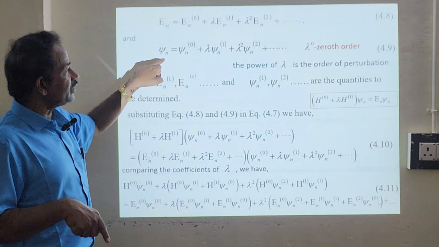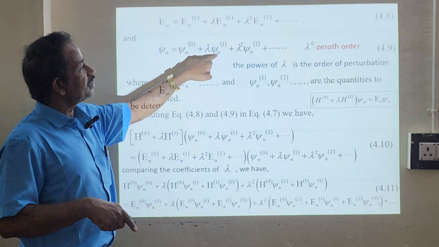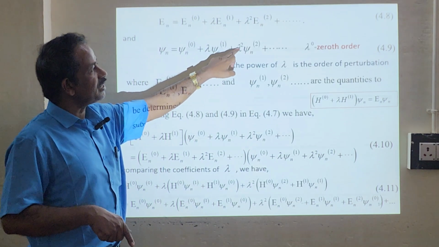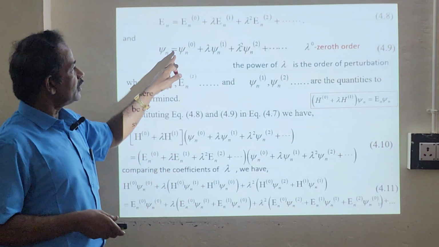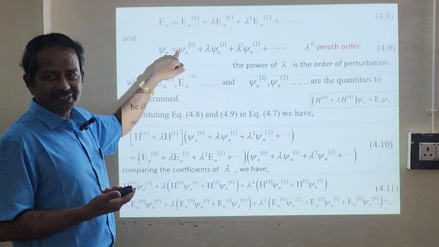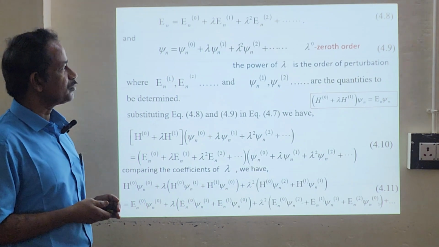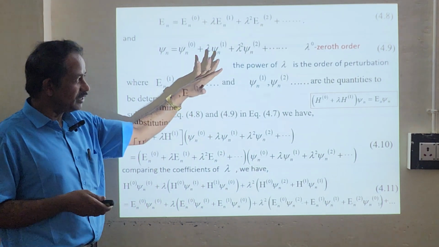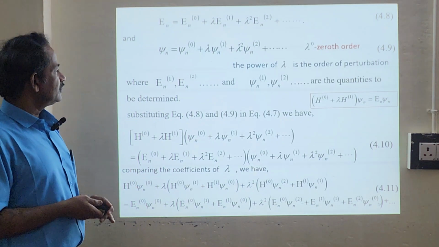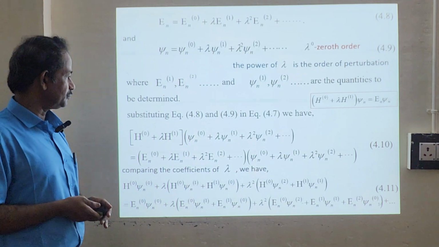Similarly, the wave function psi n equals psi n0 plus lambda psi n1 plus lambda squared psi n2. Here lambda to the power 0 is the 0th power. The power of lambda is the order of perturbation. It's a very important concept. We are going to determine these eigenfunctions and eigenvalues.